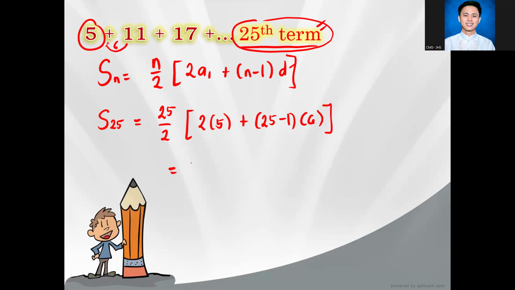Simplify. So we'll have 25 over 2 multiplied by 2 times 5 is 10 plus 25 minus 1 is 24. And then 24 times 6 is 144. And then we'll have 25 over 2 times 144 plus 10 is 154.